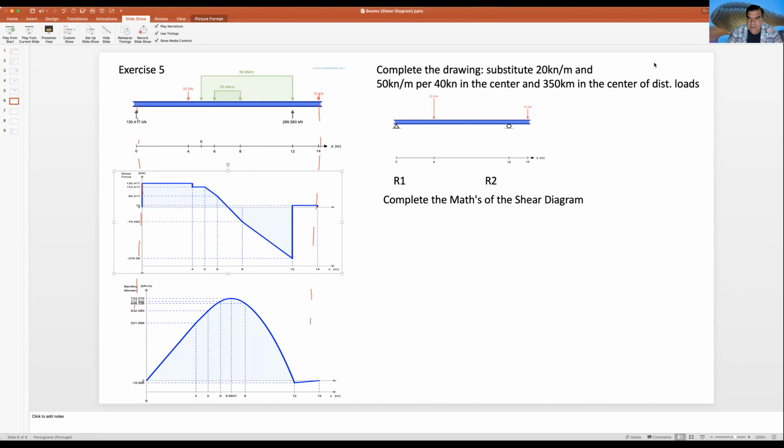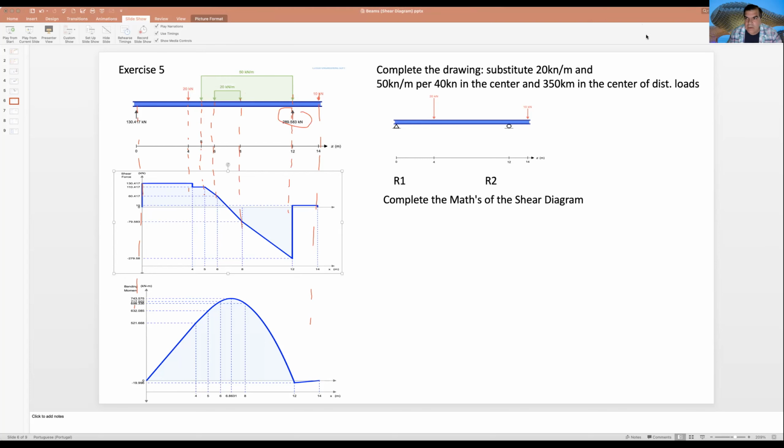Those are lines that will help me to do my diagram. Those are dotted lines. I have one here where we have 20, one where 50 starts, one where 20 starts, one where 20 finishes, one where 50 finishes, that by coincidence is the same as this one, and one where the beam finishes. Those are the places where I need to do my calculations.